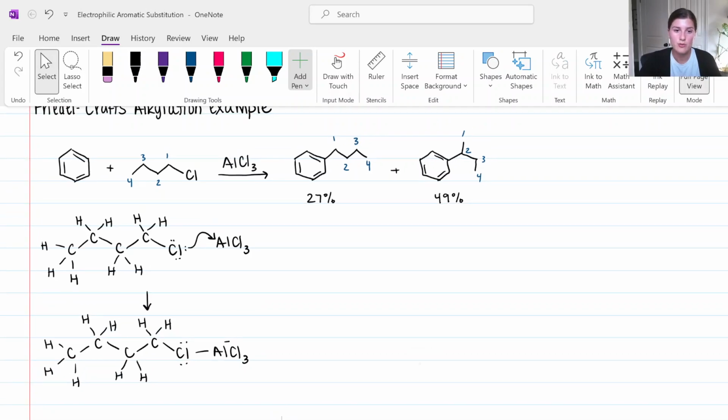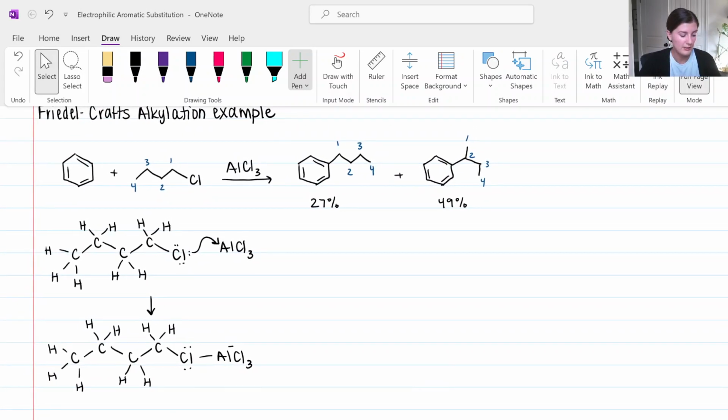Okay, if we were to now go directly to step 2 with the complex, the molecule that's adding would add at this carbon because that's the one that's bonded to the chlorine. So that could generate that first product that has a 27% yield. But we know that some shift occurs in this reagent to give us that 49% yield. And we can explain that through drawing the carbocation version of this electrophile.